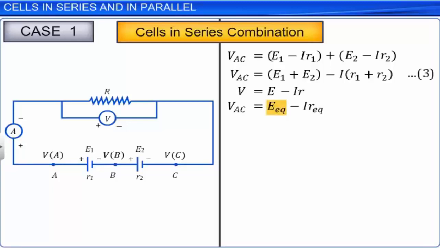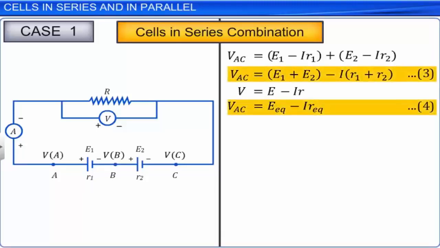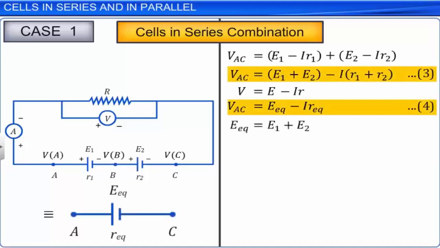Let this be equation 4. Comparing equations 3 and 4, we can write EEQ is equal to E1 plus E2. Let this be equation 5. REQ is equal to R1 plus R2. Let this be equation 6.